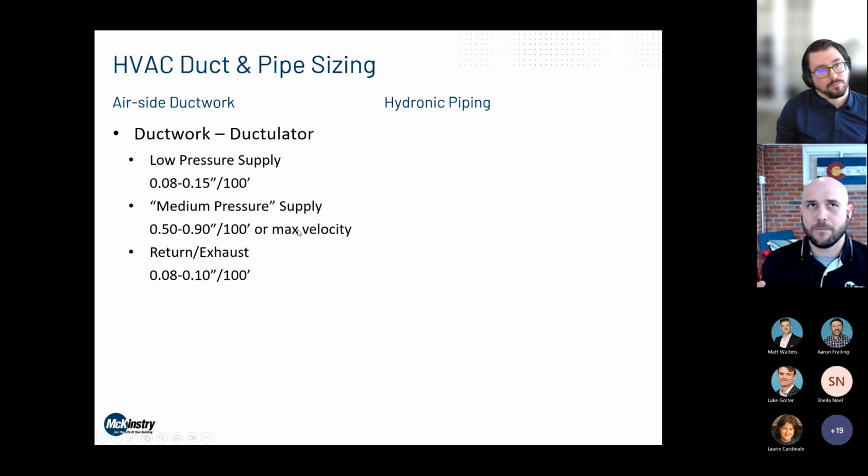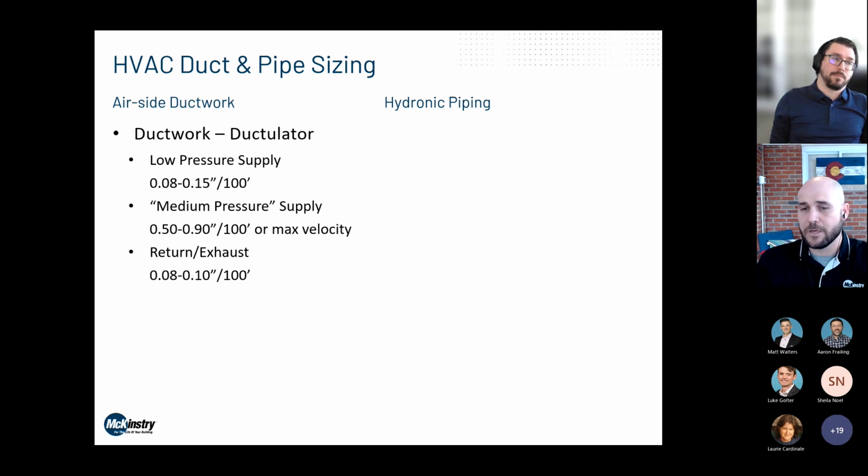Sometimes you'll see high velocity systems, where maybe it's a lab exhaust. You want to make sure that any particulates stay suspended in the airstream, so you move the air at a higher velocity. These values here are inches of water column pressure drop per 100 feet of ductwork length, so lower pressure drop is going to be easier on the fan, but perhaps you end up with really big ductwork.